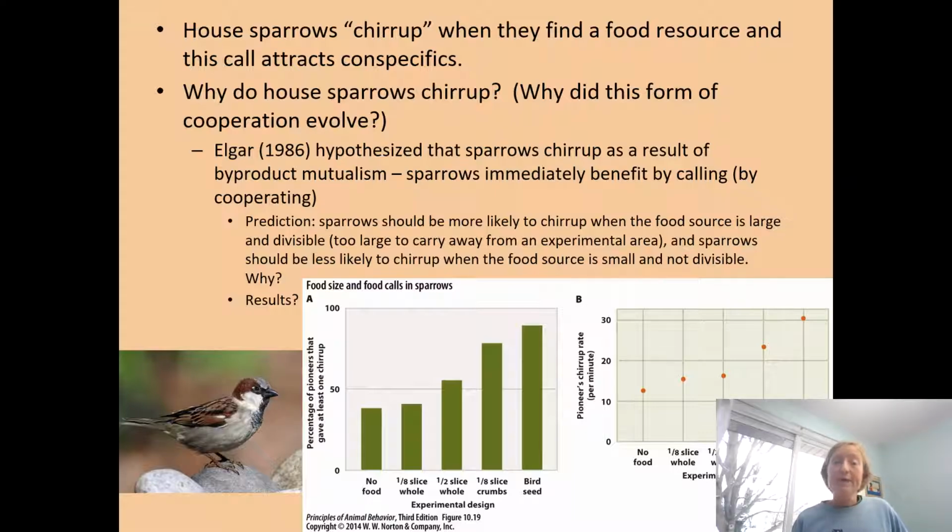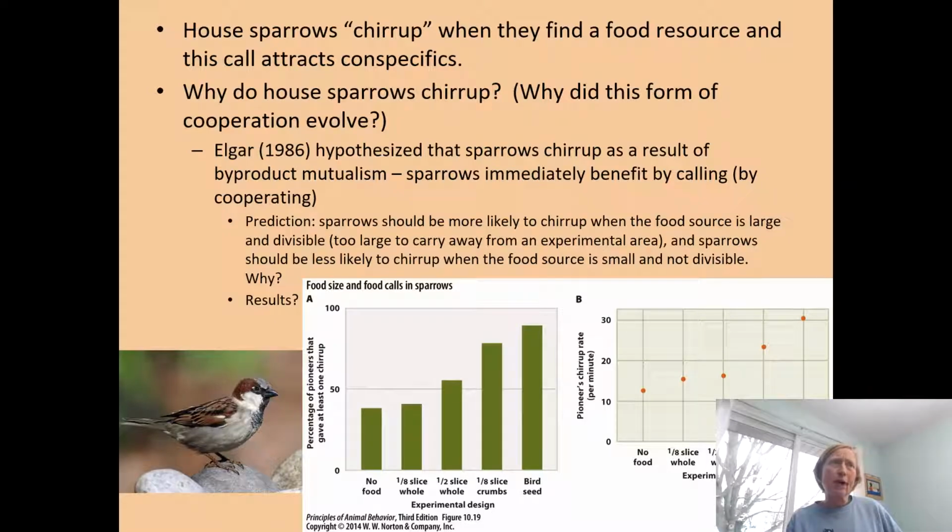That's the idea. But then Elgar came up with some specific predictions, and these are kind of interesting. Elgar said, hey, sparrows, if they cooperate, if they chirrup because of byproduct mutualism, they should be more likely to chirrup, and chirrup at higher rates, if you will, when a food source is large and divisible.